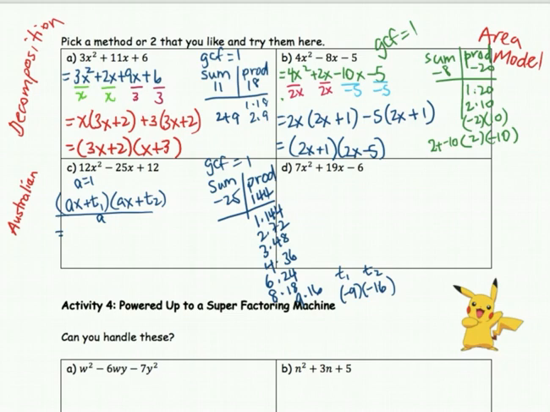Okay, plug it in. A in this case was 12. I don't know why I wrote 1. 12x, and I'm just going to clean up the signs right away. Minus 9. 12x minus 16. All divided by 12.